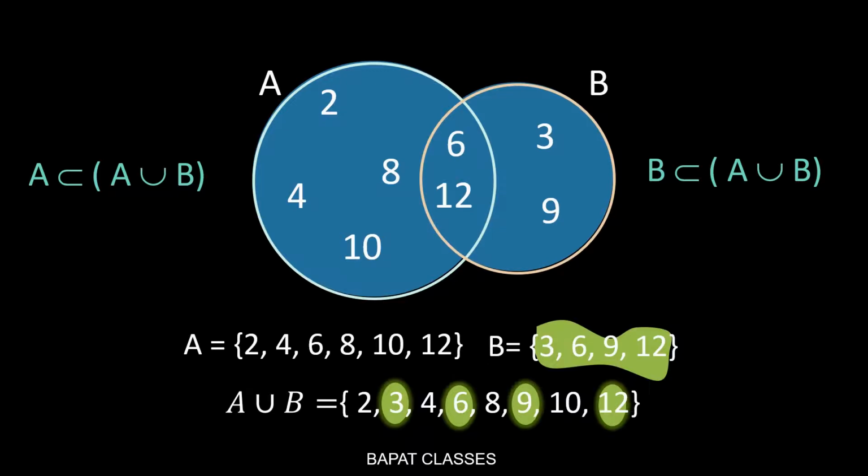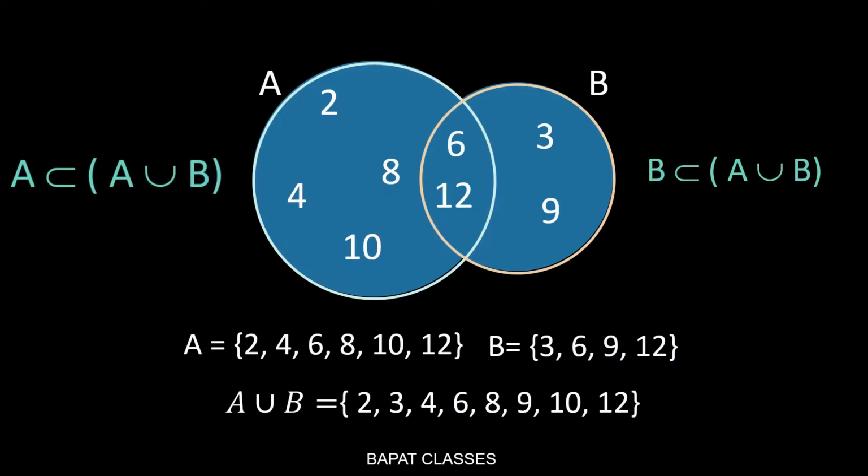A is subset of A union B. B is subset of A union B.